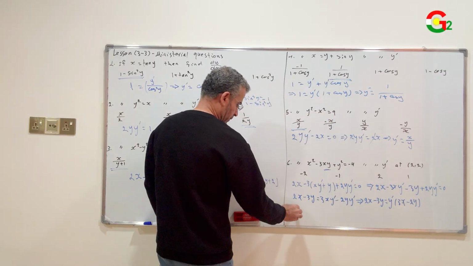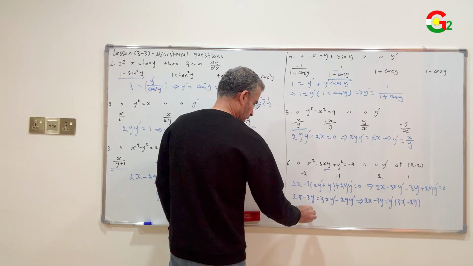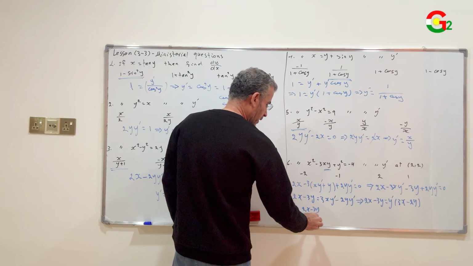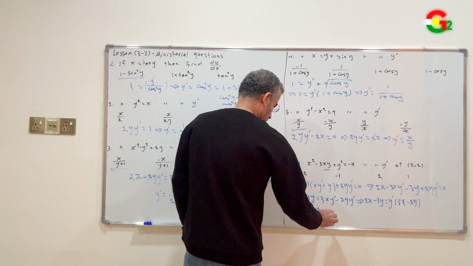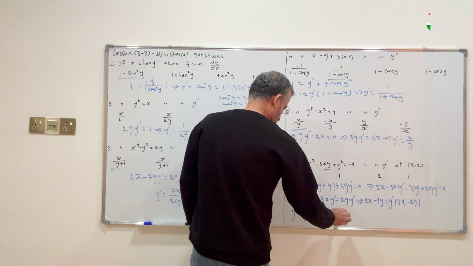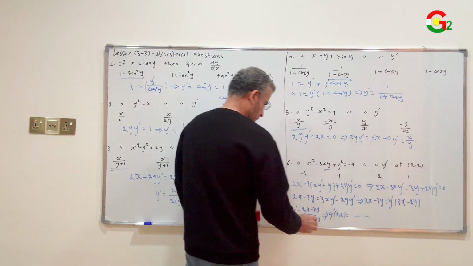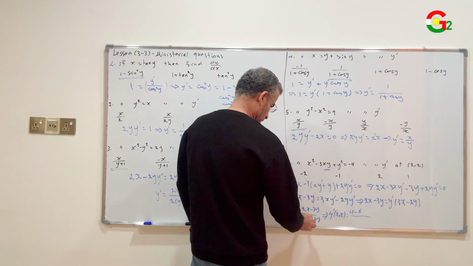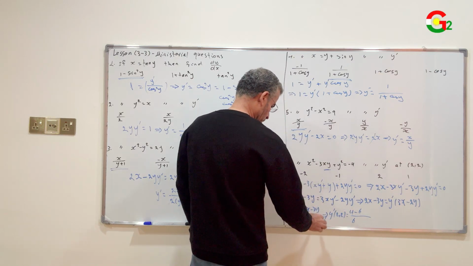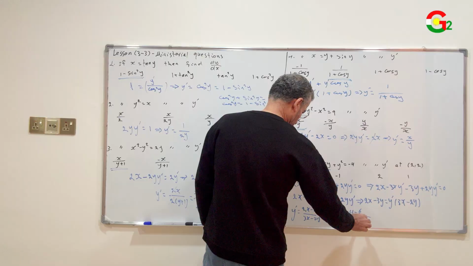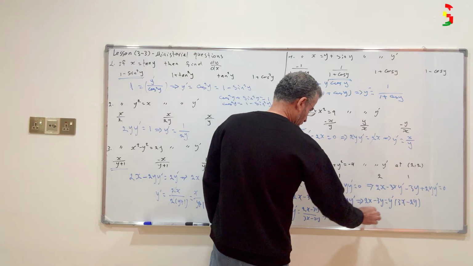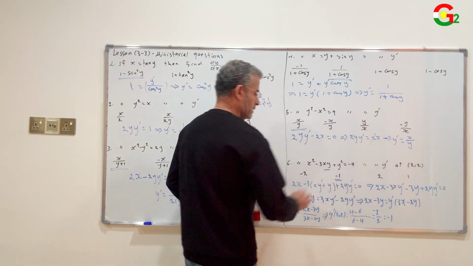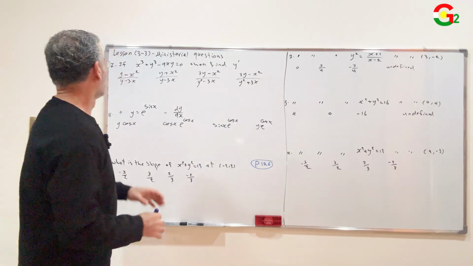Then y prime equals 2x minus 3y over 3x minus 2y. At the point (2, 2), 2 times 2 is 4, minus 3 times 2 is 6, over 3 times 2 is 6, minus 2 times 2 is 4, equals negative 2 over 2 equals negative 1. Choice B.